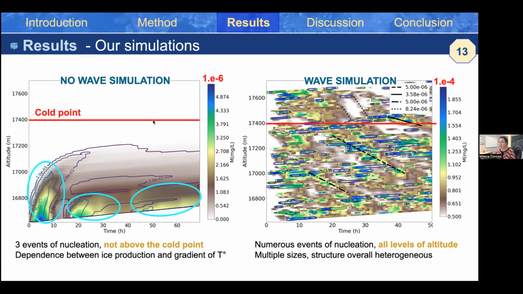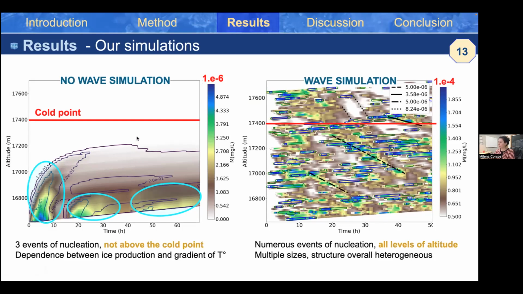All are occurring below the cold point, and they are showing some dependency of the ice mass with altitude. That can be partially explained by the evolution of the gradient of temperature with altitude. When we are too close to the cold point, the gradient is too weak and barely triggers any ice. And that also explains the fact that we have smaller ice crystals in the higher levels that will be advected with the air parcels.